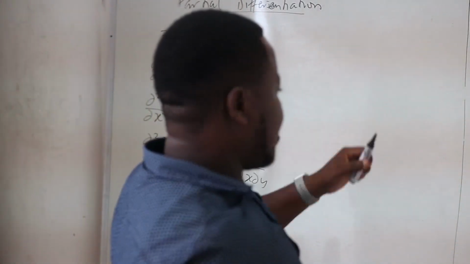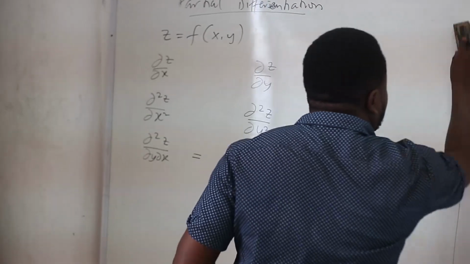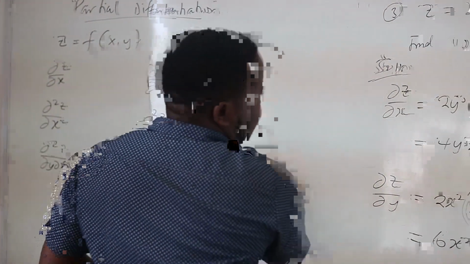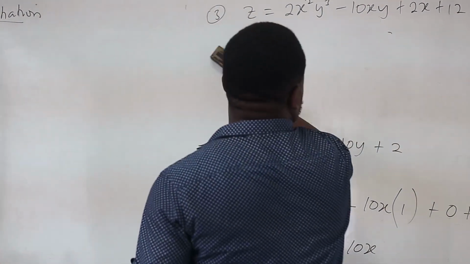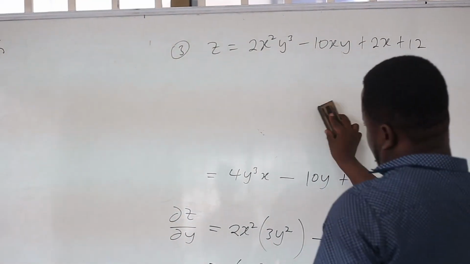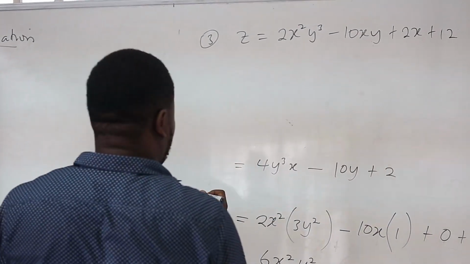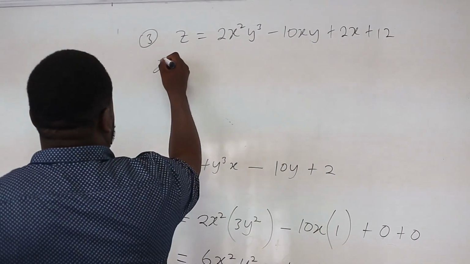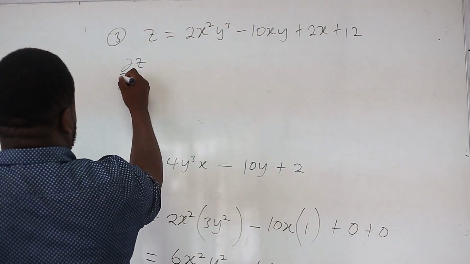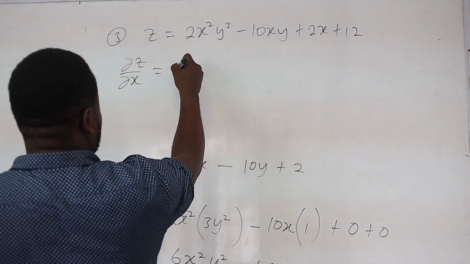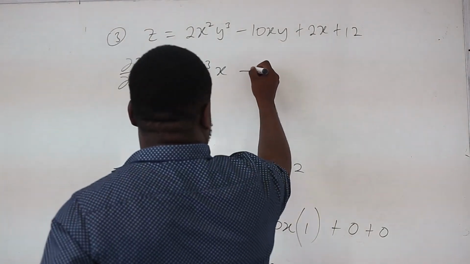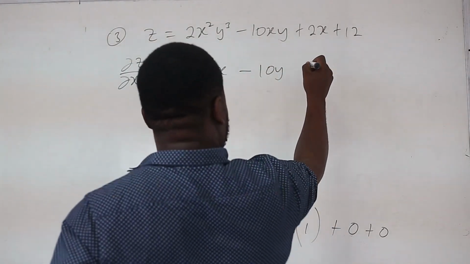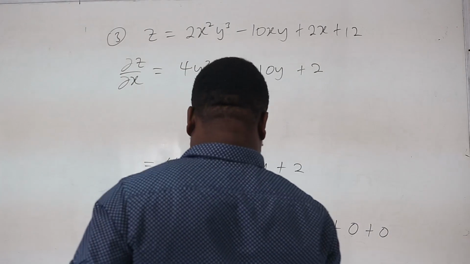So from example 3, we already have dz dx to be equal to 4y cubed x minus 10y plus 2.